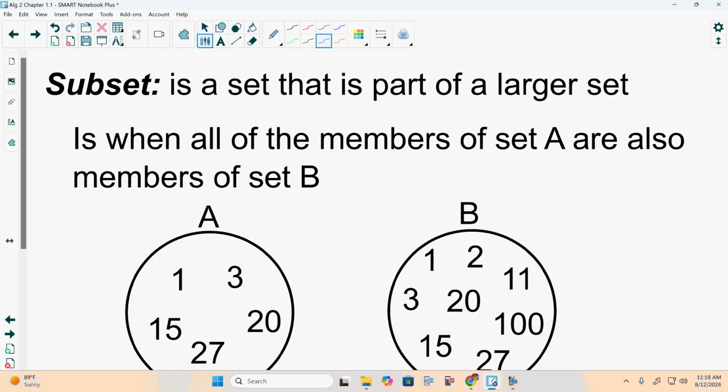Is Colcord, Oklahoma a subset of the U.S.? Yeah, that's all a subset is. Everything in it is contained within the other set. Okay? Let's take it one step further. Is my classroom a subset of my classroom? Is everything in my classroom contained within my classroom? So can a set be a subset of itself? Yes.